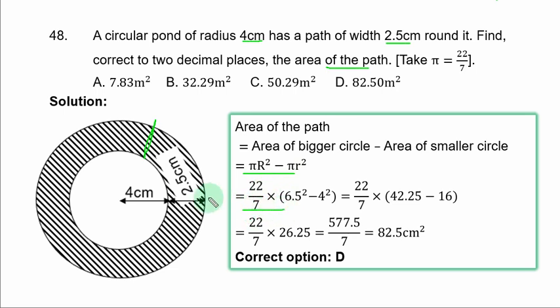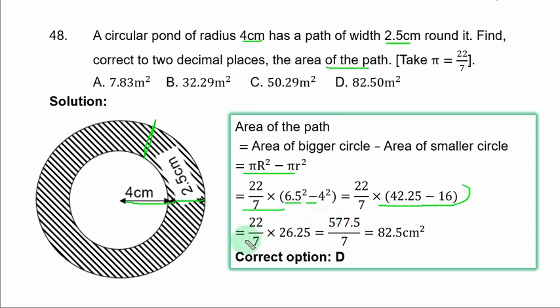The capital radius now is from here to this place, that is 4 plus 2.5. So you square it, minus the small radius 4 squared. So you have 22/7 times bracket open 42.25 minus 16.